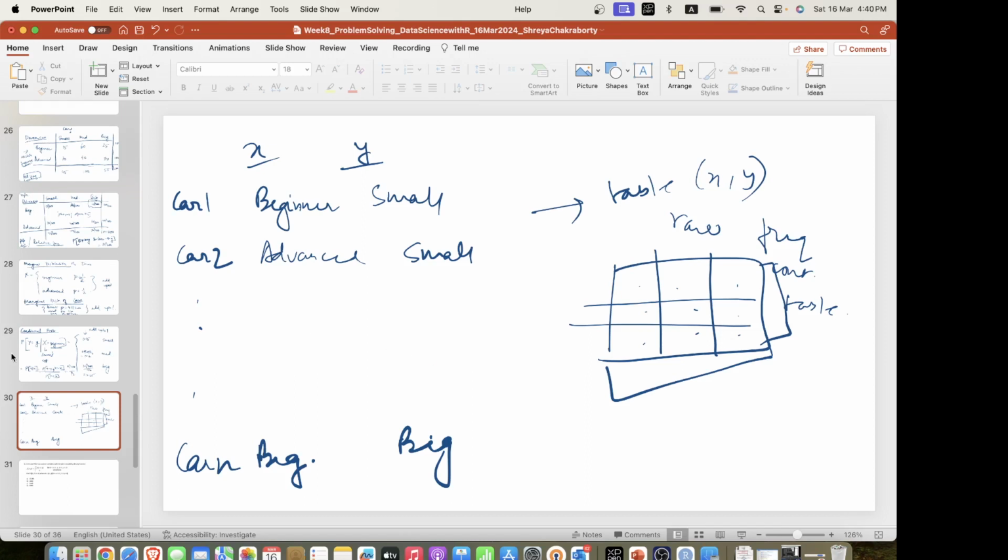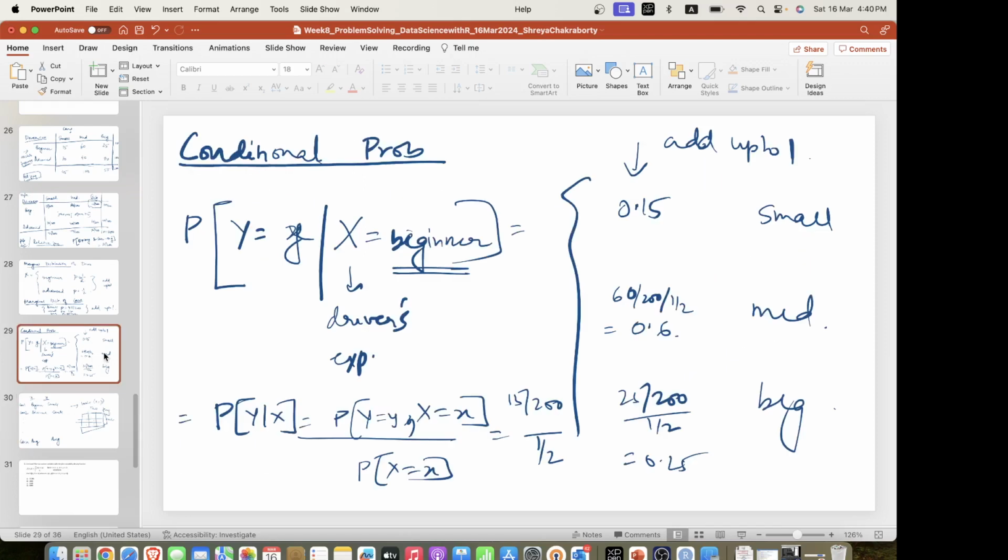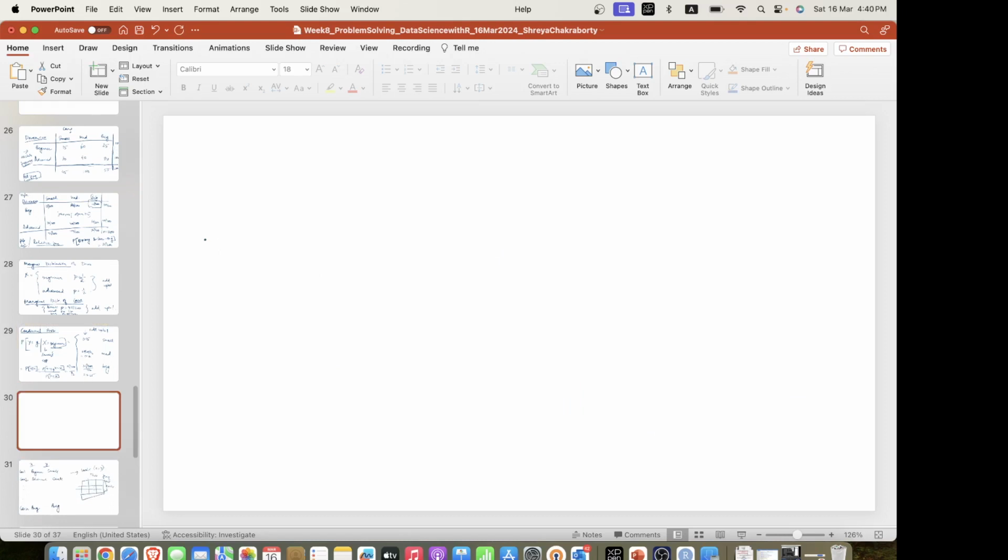Now, let's say you have this. I'll come to your conditional probability question. So here, I have the conditional probability of Y given X, with X equal to beginner.